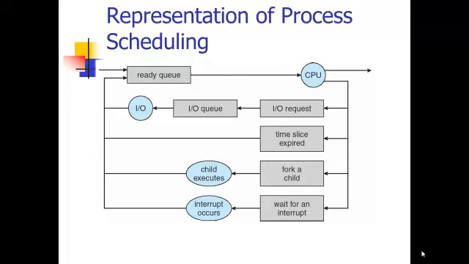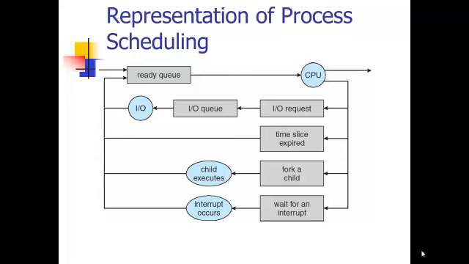So when that happens, that process that stops its execution will be considered as expired, so it will be again put back into the ready queue. So that is the second scenario.